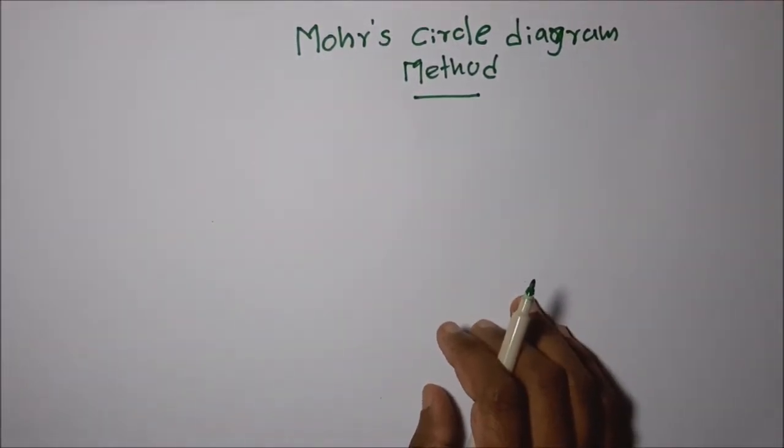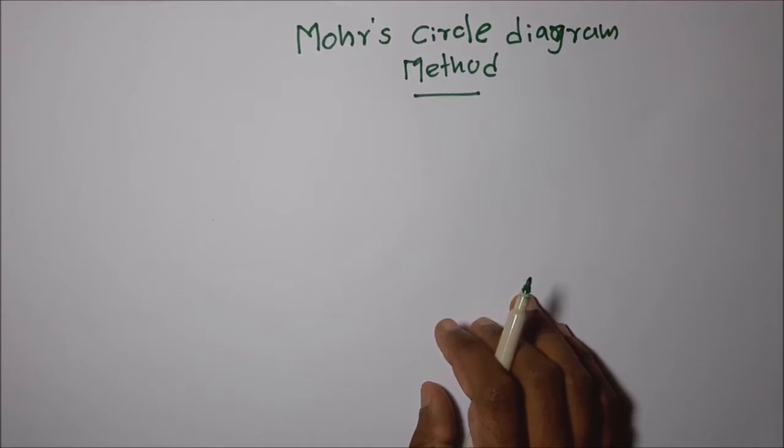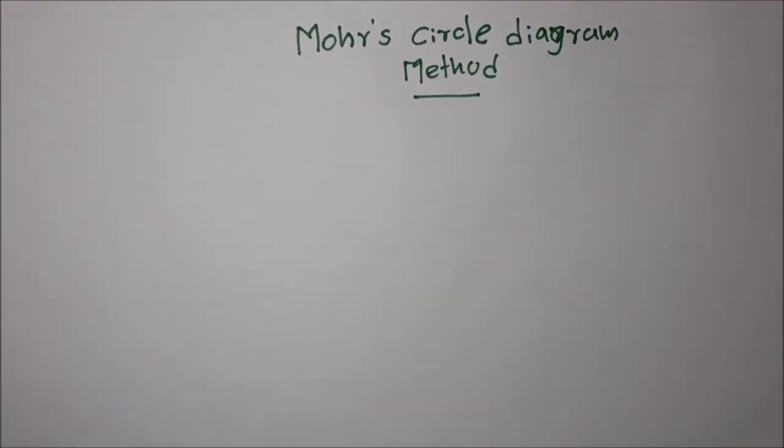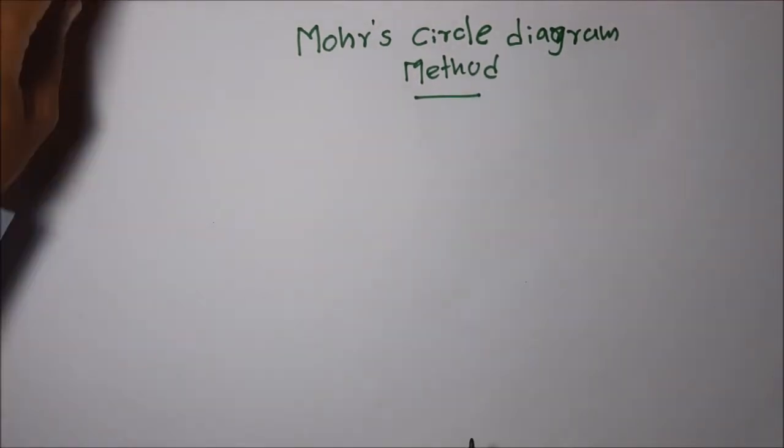The Mohr circle diagram method is a graphical method to represent the two-dimensional stress transformation equations. In the last lecture we discussed these stress transformation equations.